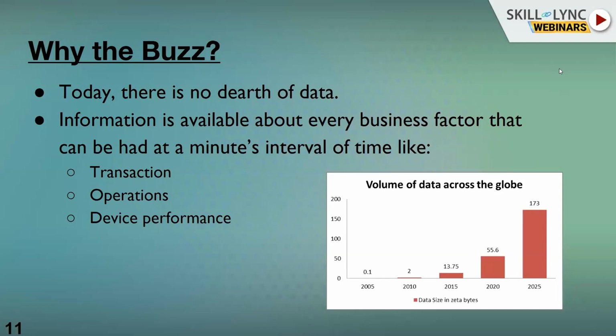For example, you have sensors which can capture every transaction or every operation in a manufacturing plant on a microsecond basis. Or if you look at the internet itself, the volume of data being generated now is enormous.